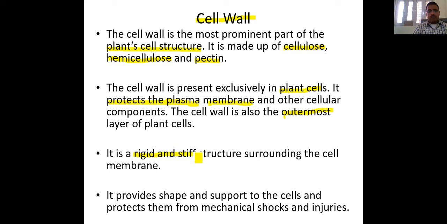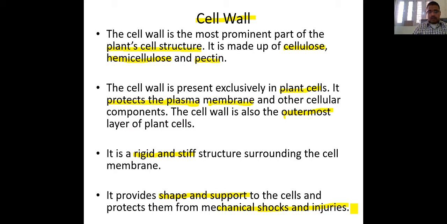It provides shape and support to the cells and protects them from mechanical shocks and injury. If any unwanted thing happens, it is protected by the cell wall.